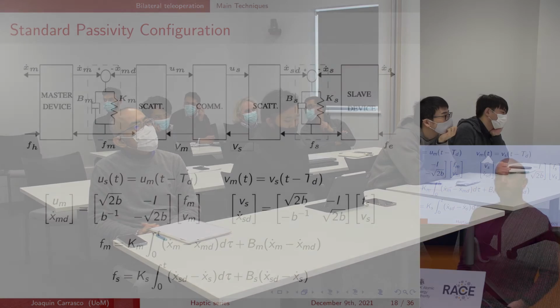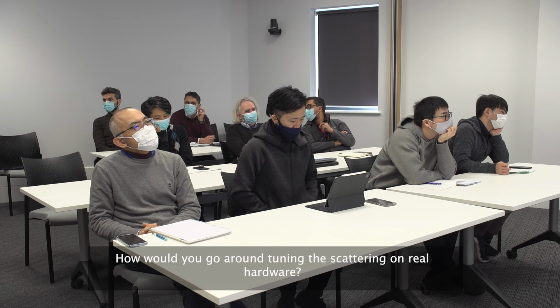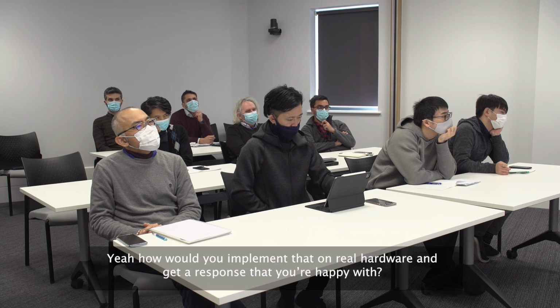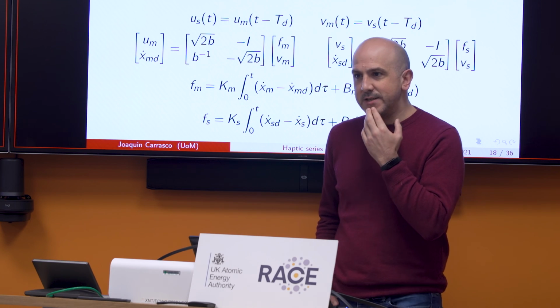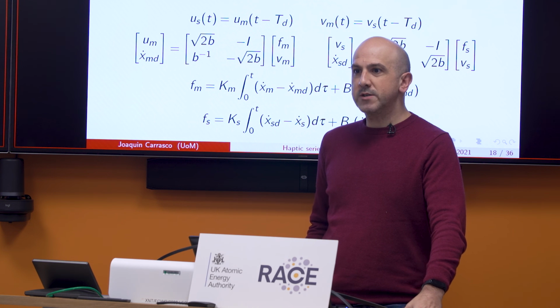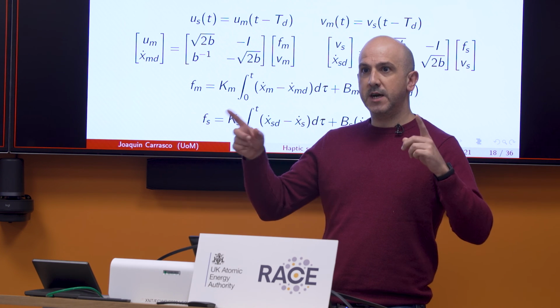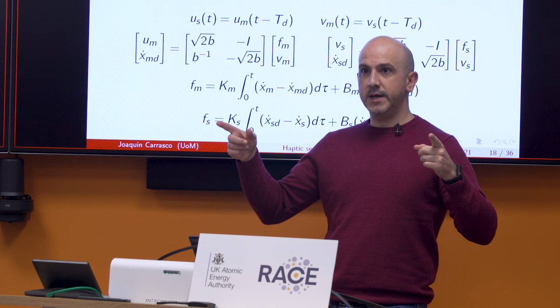How would you go about tuning the scattering on real hardware? Tuning the scattering? Yeah, how would you implement it on real hardware and get a response that you're happy with? The scattering transformation is always almost fixed by the behavior that you want to have in the controller.